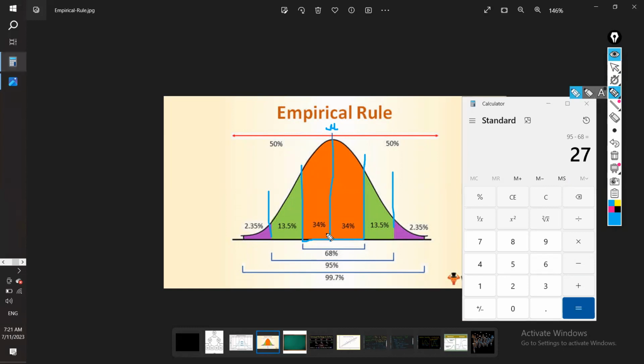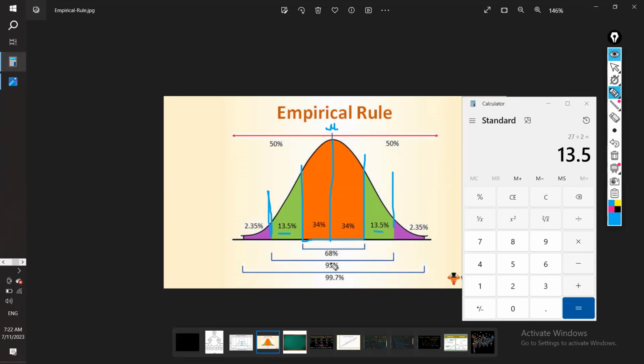This whole thing will be 95, but this 2 standard deviation already has 1 standard deviation inside it, so 68% is already gone. Remaining is 27. This green part is on this side and this side, so each side, how much will you get? 13.5.